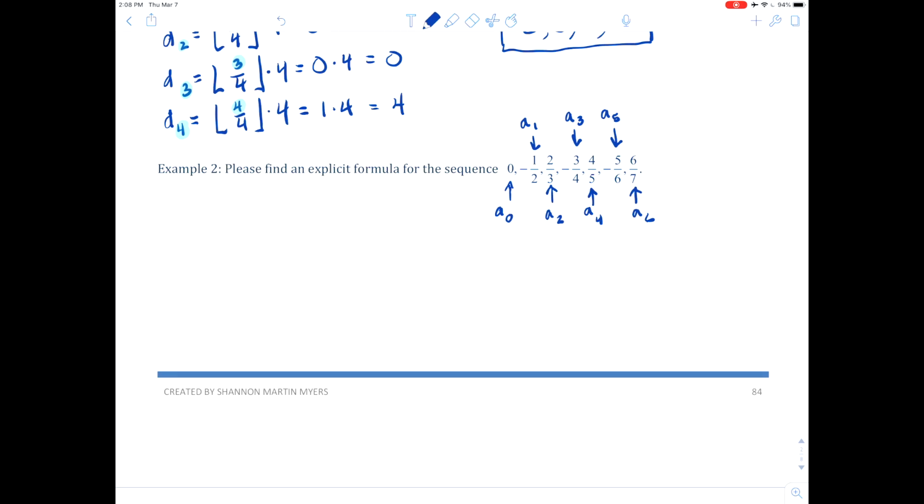All right, well, you know it's going to alternate. And so remember that if you raise -1 to an integer, you're either going to get -1 or 1, right? So what we have to play around with is, okay, well, what's happening here, right? And remember, you got to think of it, we want to find some A sub k equal to something in terms of k. If you had chosen A sub m, you'd be writing it in terms of m.